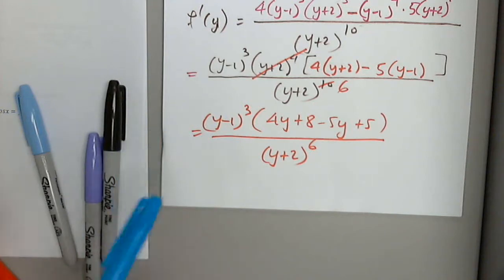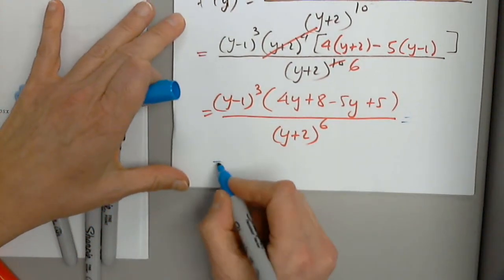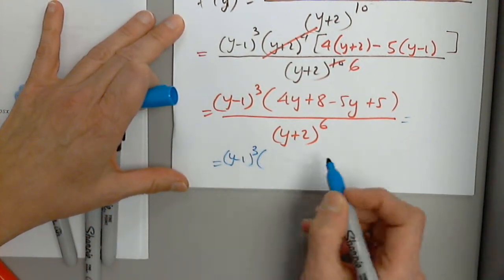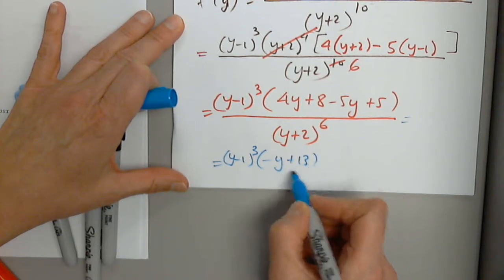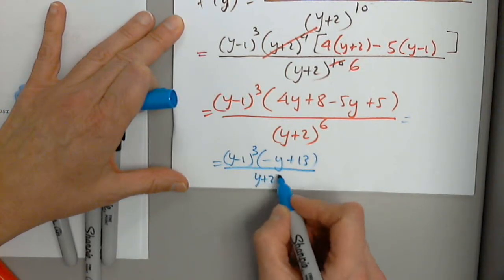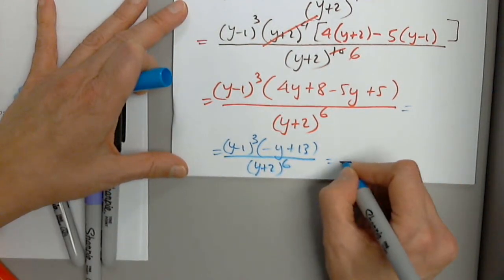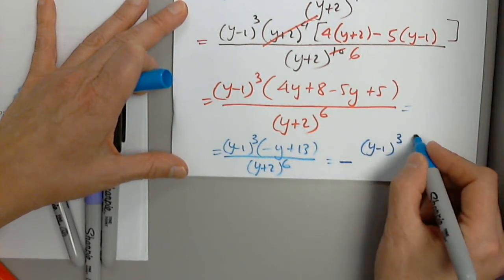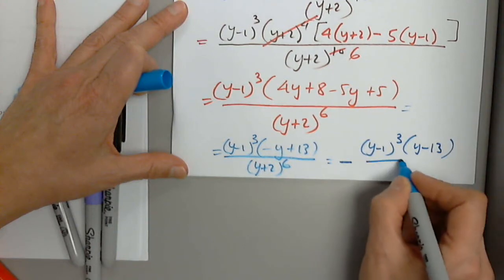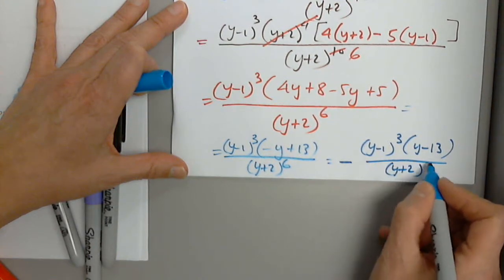We combine like terms in parentheses: (y minus 1) to the 3rd, negative y plus 13, divided by (y plus 2) to the 6th. This problem should be in your notes. Minus in front, (y minus 1) to the 3rd, (y minus 13) over (y plus 2) to the 6th.